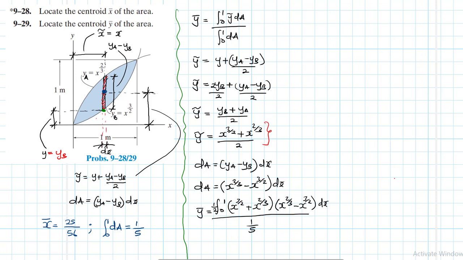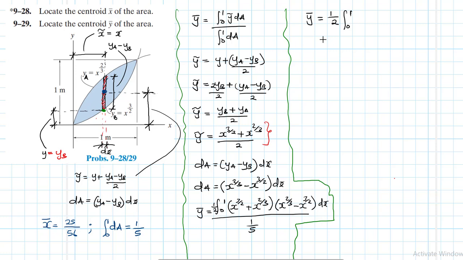What do you think of this part here? Look at it properly. It reminds you of what? Difference of two squares. Great. So let's write that. Therefore, our y bar is going to be equal to 1 over 2 integral from 0 to 1. Difference of two squares for that, what does it give us?